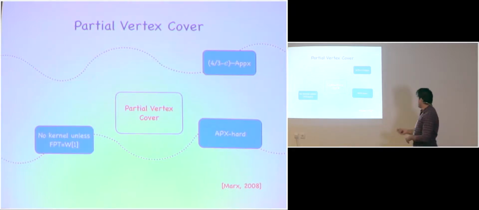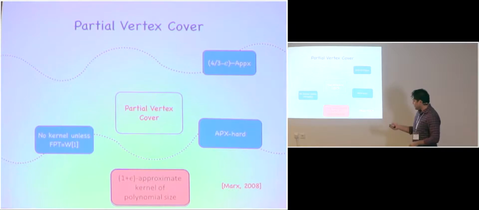And again, this was done in 2008, where Daniel Marx phrased this without using the language of approximate kernels, because all he was looking for was FPT approximation algorithms. So, to sum up this slide, if you're not convinced already, it's a very good exercise and you'll end up actually learning the partial vertex cover algorithm really well. Try and prove for yourself how you can get a 1 plus epsilon approximate kernel of polynomial size for partial vertex cover.